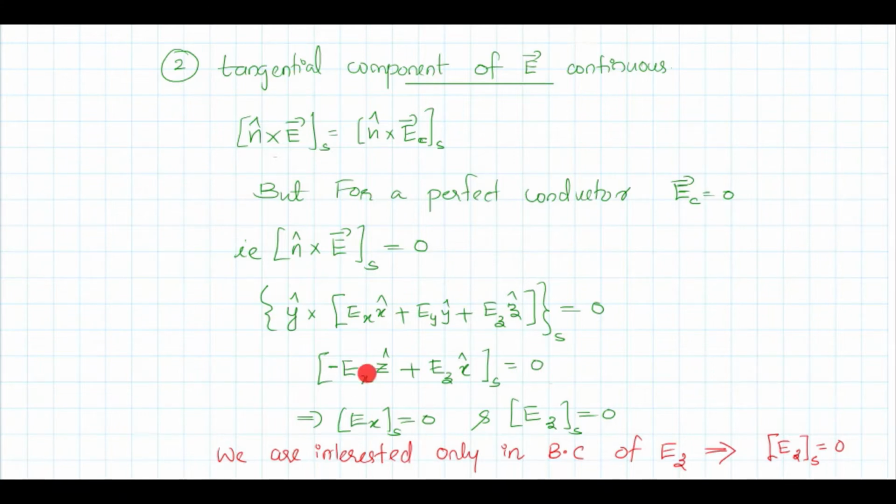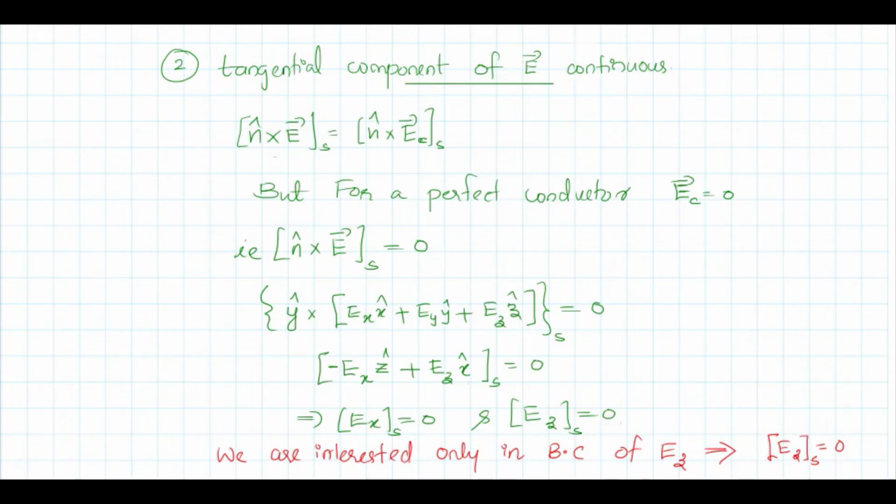These two components are in perpendicular directions, so each of these terms should vanish separately because they are independent. So Ex at surface is 0, Ez at surface is 0.